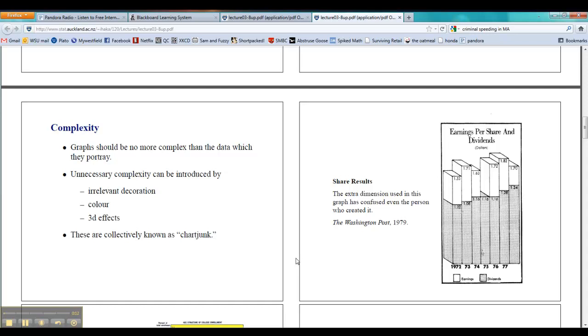You don't need irrelevant decoration, color, 3D effects. In this graph, this is a horrible graph because it's in 3D. It's got two colors, which actually might be relevant, but the 3D effects are kind of distracting and kind of hard to read.